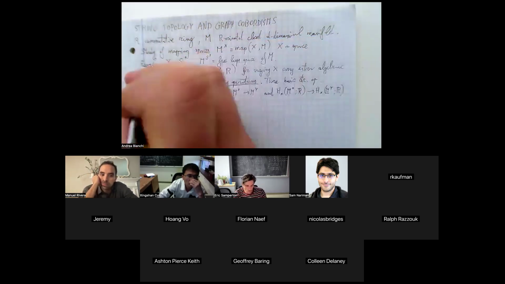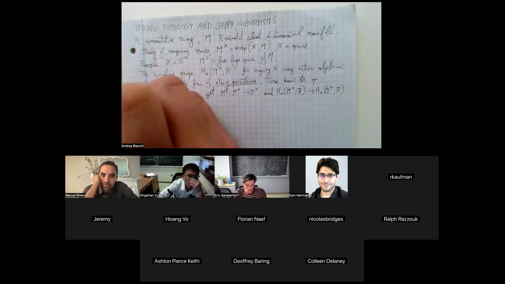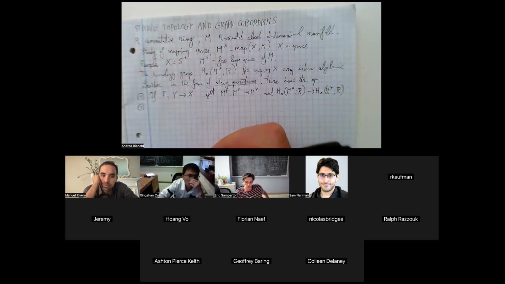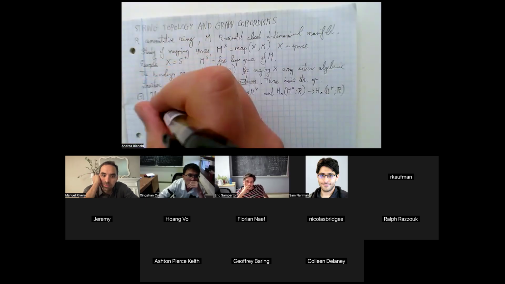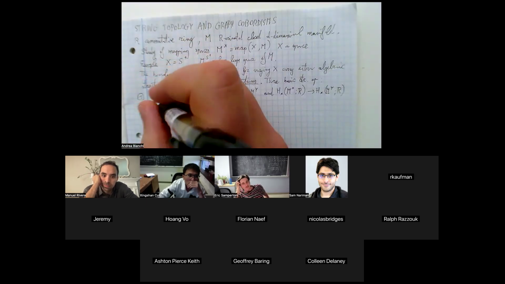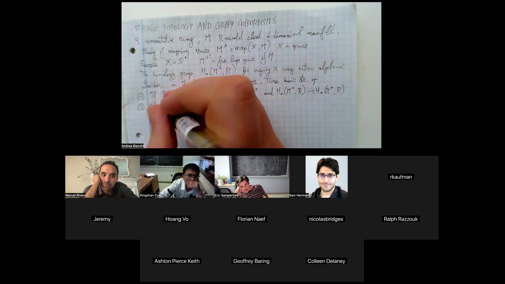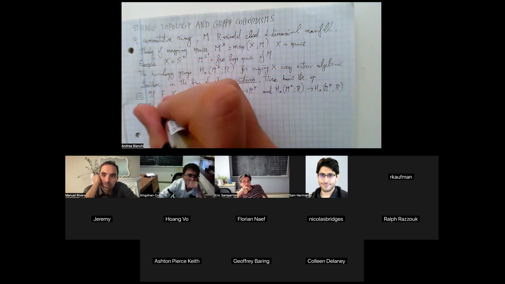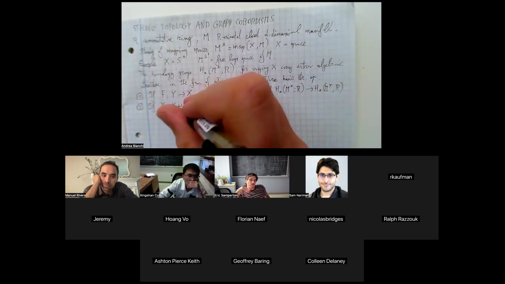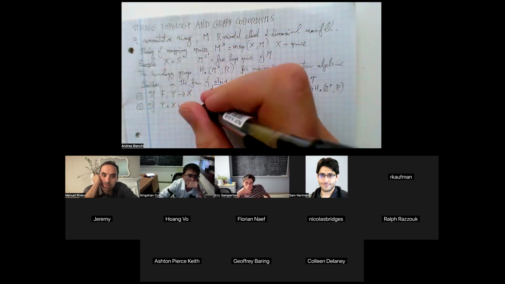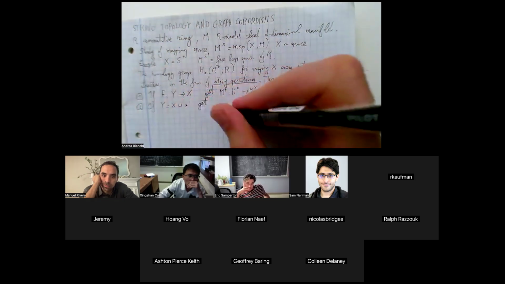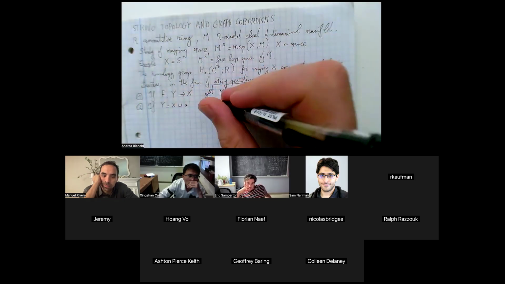The second one is the first in which we see the importance of M being a manifold, namely having a fundamental class. So suppose that Y is a space of a special form, namely is X disjoint union a point. Then we get a map in homology of the following kind.